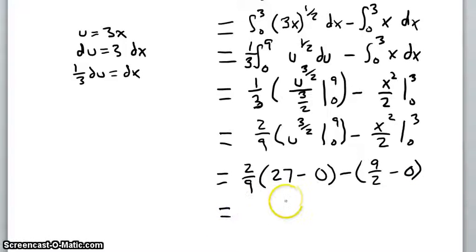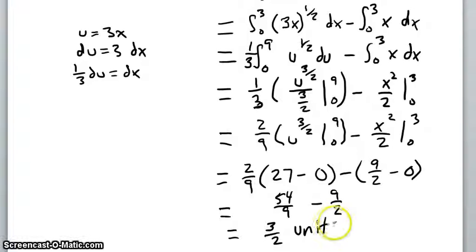And when we clean this up a little bit, we get 54 over 9 minus 9/2, and this gives us 3/2. And remember, we're doing area, so we're going to do units squared. And that completes this area between the curves.